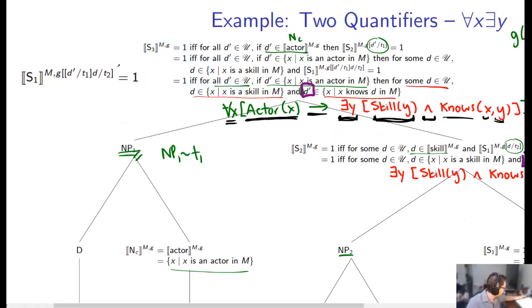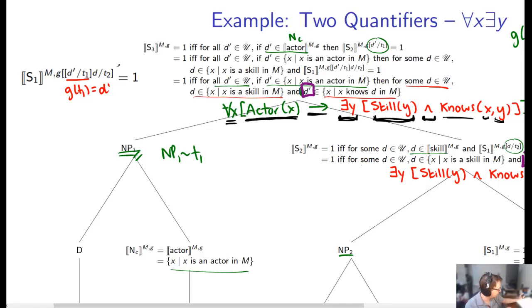Okay, so what's happening here is this is demonstrating the two bindings that are happening. So the inner part's happening first. So let me get rid of this line. This part is saying that first g of t1 is now pointing to d prime.